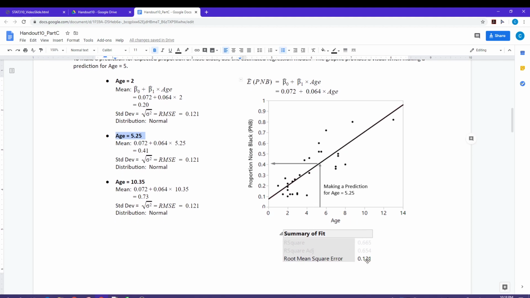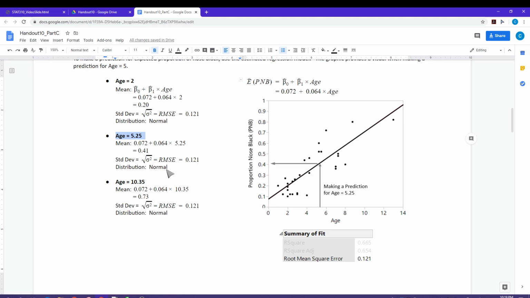The root mean square error quantity given under my summary of fit output is going to be my standard deviation in that conditional distribution after conditioning on age. So this is going to be what my standard deviation is in the proportion of nose black after conditioning.